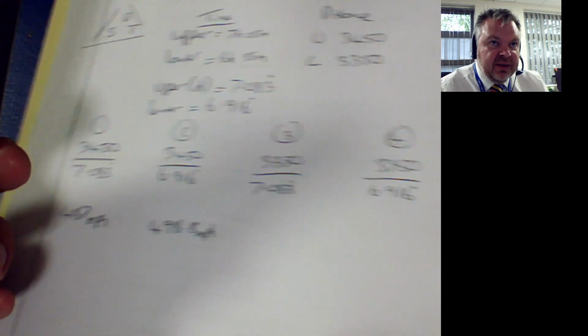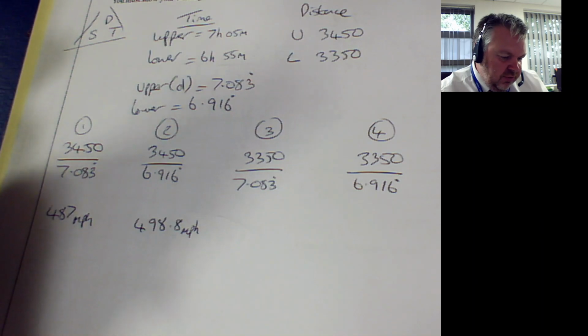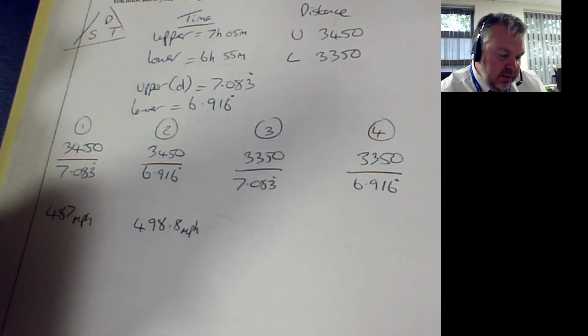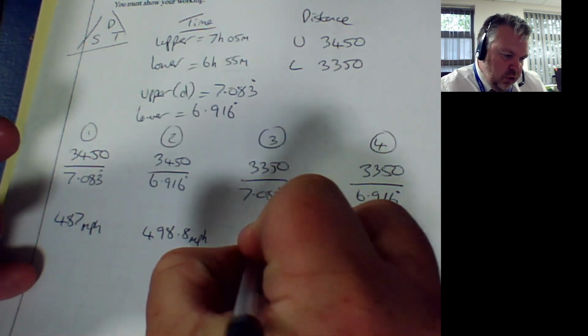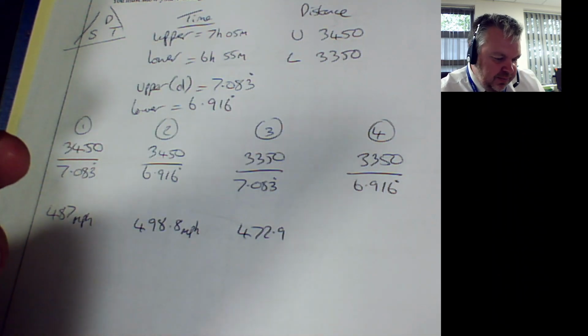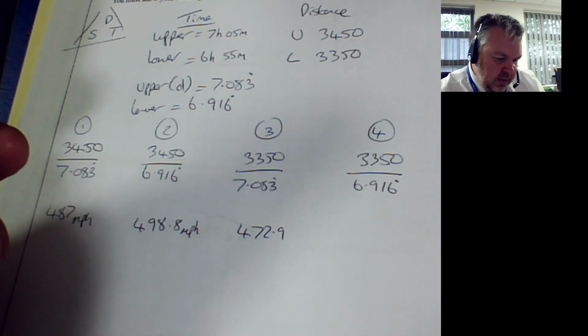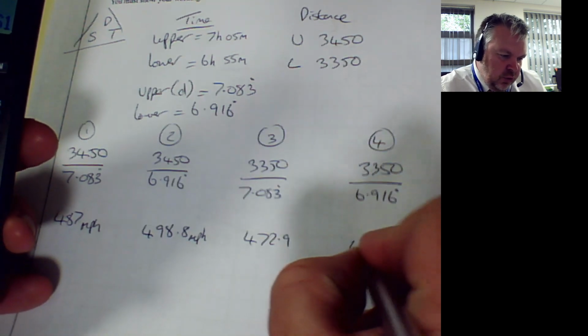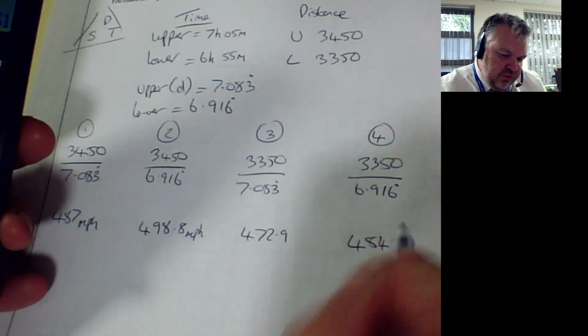Let's move the paper so you can see. Next one, 3350 divided by 7.083 gives me 472.9, and the very last one is 484.3.